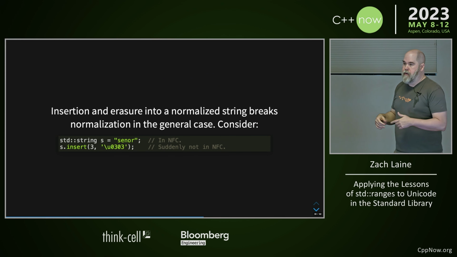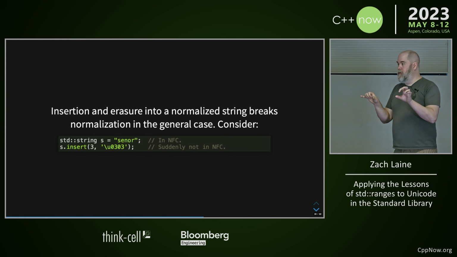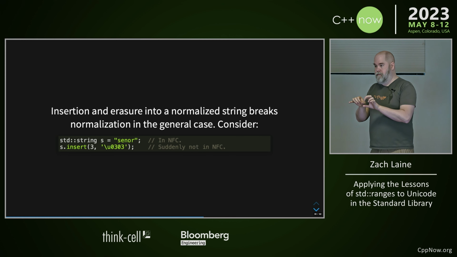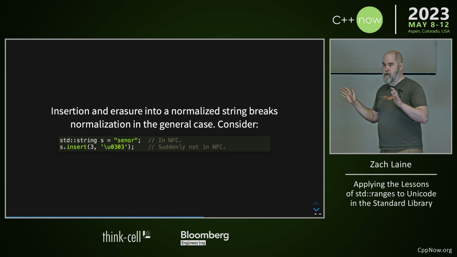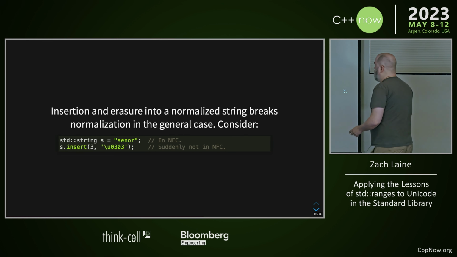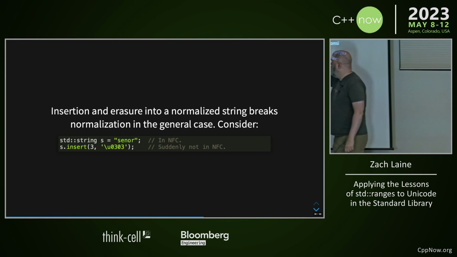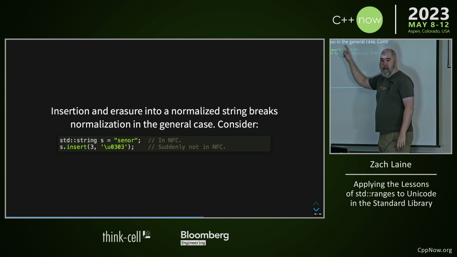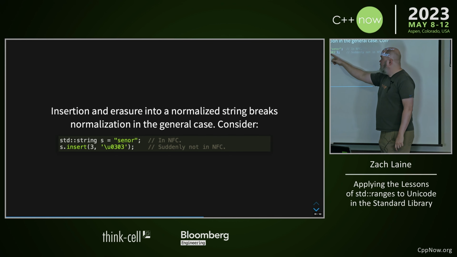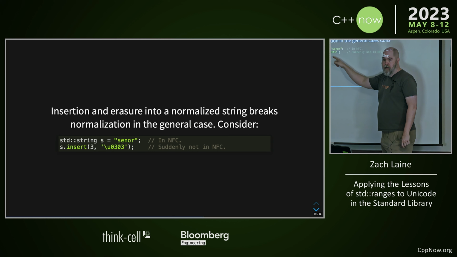So there's a wrinkle with normalization, which is you can take two things that are normalized the same way and combine them. You can also take something that's normalized a certain way and take something out of it, and all of a sudden it's not normalized the same way anymore. So for example, señor, which is not a real word, this is in NFC. There are no combining marks hanging out here that need to be combined. This is also NFC because there are no combining marks that need to be combined with something before it.